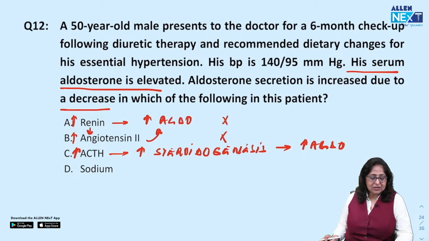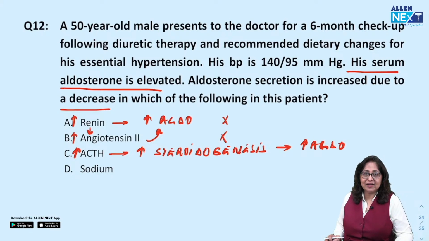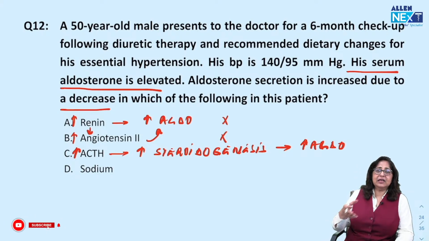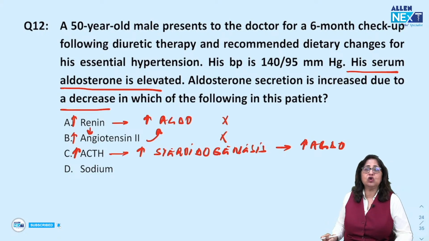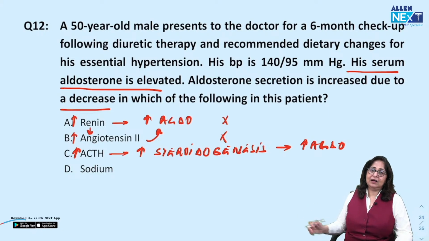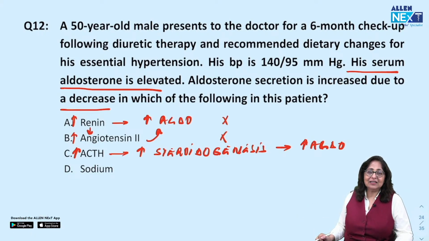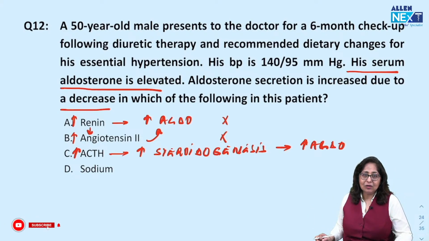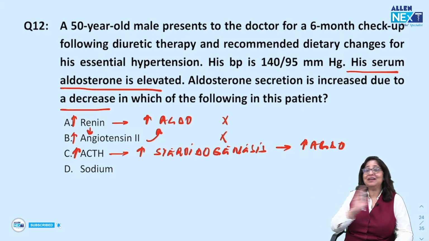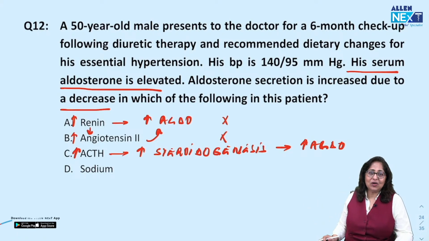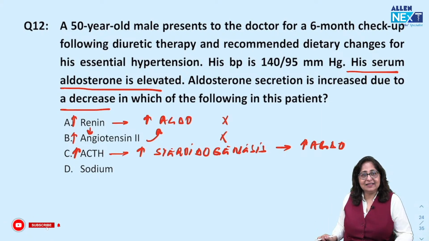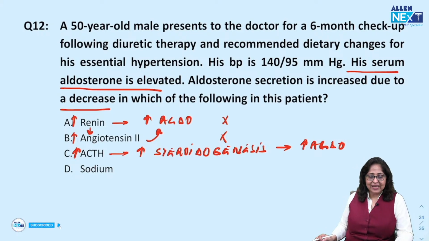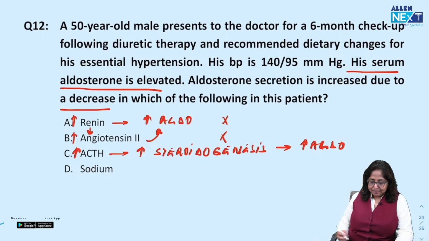It's only because it increases steroidogenesis. That means it increases the utilization of cholesterol to form the steroid hormones. That is basically mainly cortisol, androgens, but also to some extent aldosterone. Though please remember, it does not directly cause an increase in aldosterone secretion. But if there is a condition where there is elevated ACTH secretion, then you will get increased aldosterone as well.